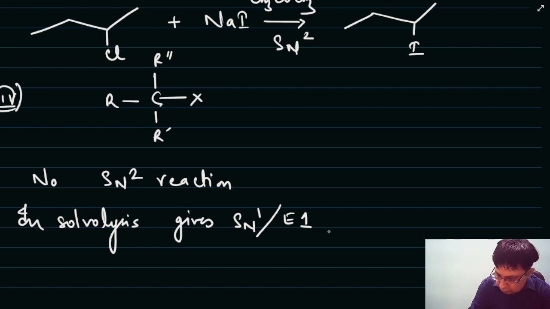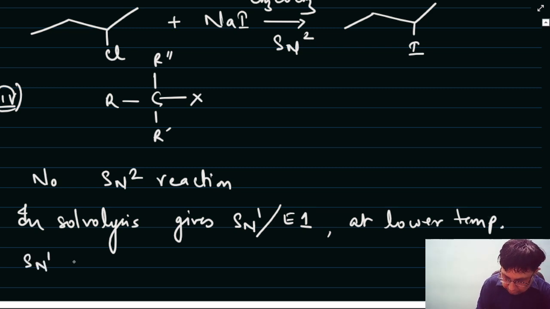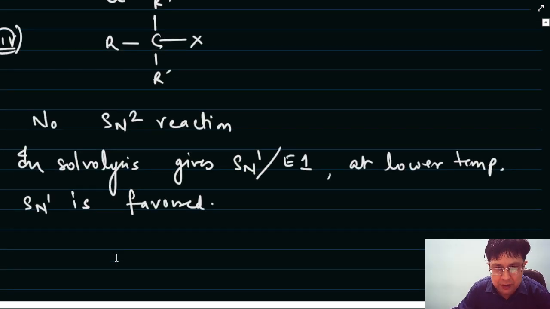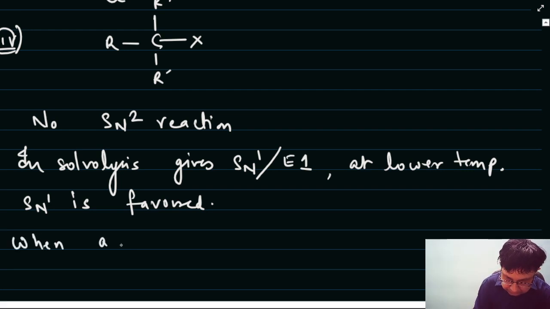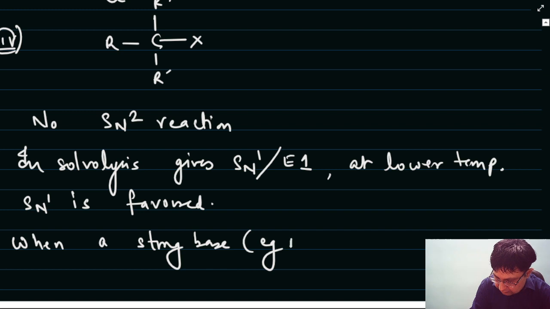ठीक है. At lower temperatures, SN1 is favored. और जब भी हम when the reaction is carried out with a strong base, when a strong base is used, what we observe, like RO minus, elimination occurs by which mechanism over here?